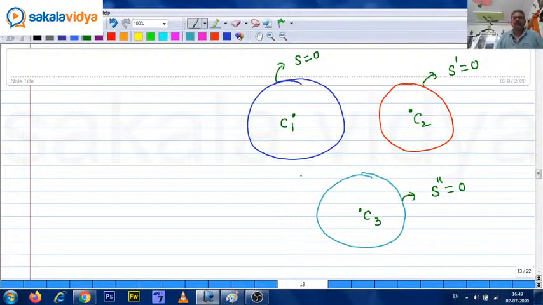For example, now you find the radical axis of these two circles and of these two circles. They meet at one point.